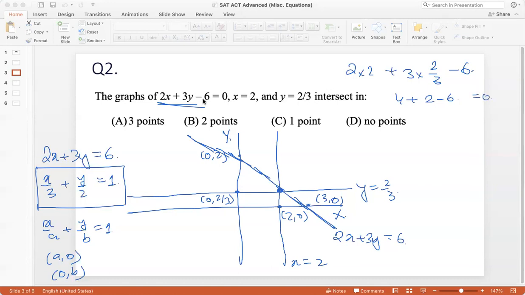And yes, that indeed is 0. So this point becomes the intersection for the system. When all the three equations come together, that's a solution to the system, and that happens at this one point. So the answer is option C.